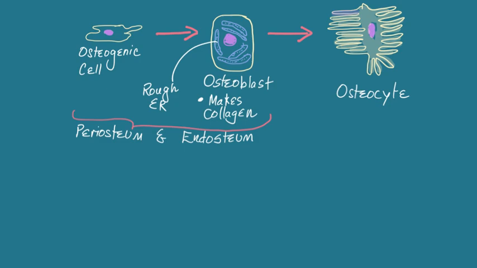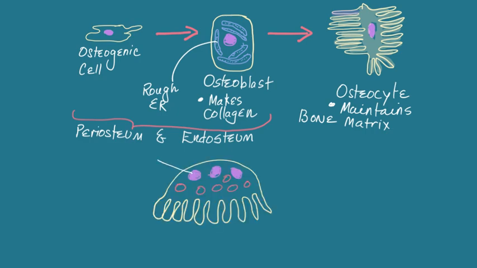The osteocyte is the mature bone cell. It maintains the bone matrix. The next kind of cell is the osteoclast. The osteoclast is the opposite of the osteoblast. While the osteoblast makes bone, osteoclast destroys it. The osteoclast is made up of many cells put together, which is why it ends up having many nuclei. The osteoclast also has many lysosomes.